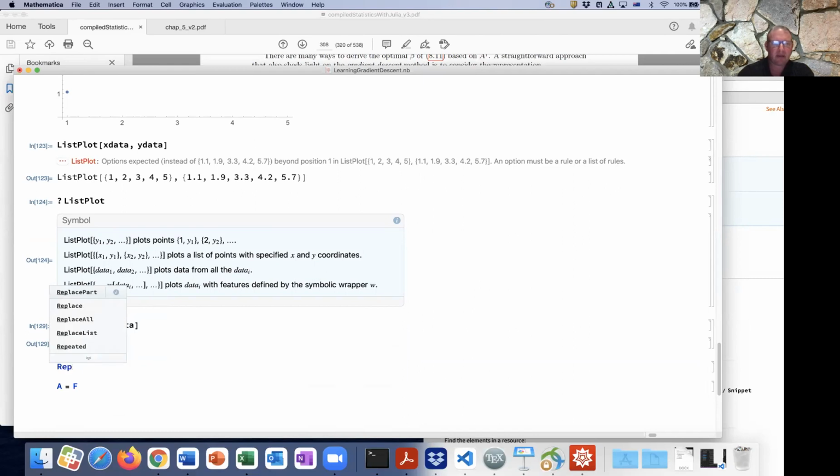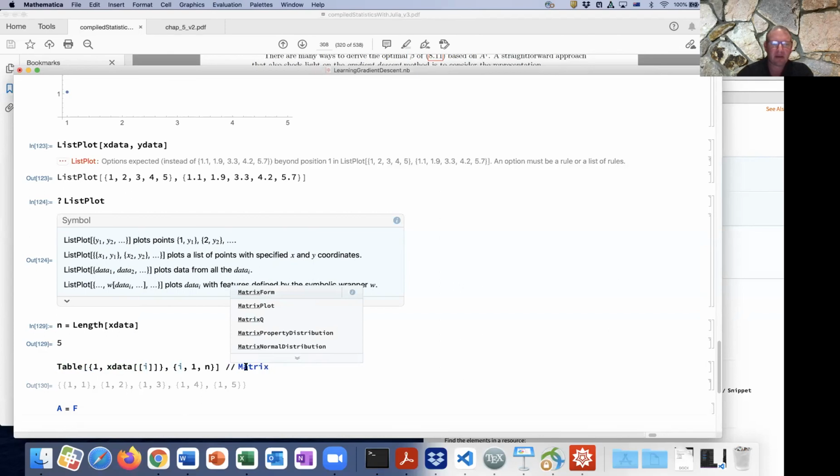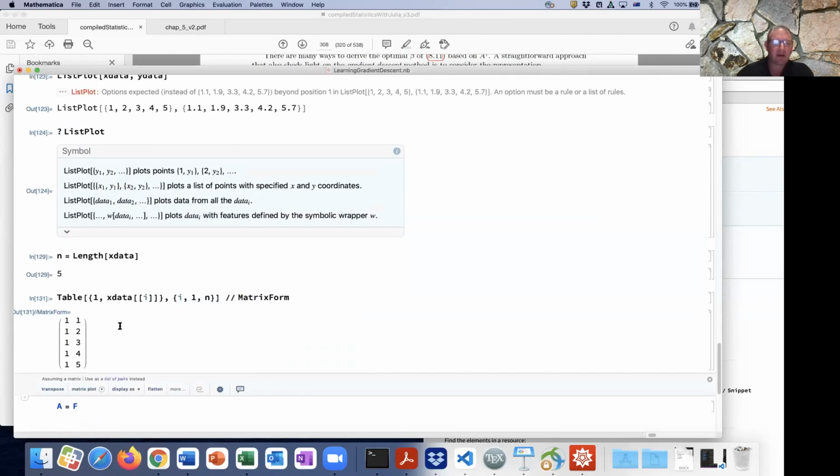Forgot repeat. No. How do you do a ones? So I'll just do a table of 1, comma, x data I, for I going 1 to n. Okay, and if I look at this as a matrix, is this what we want? Yeah, this is our design matrix. Okay, good. So that's going to be our design matrix.